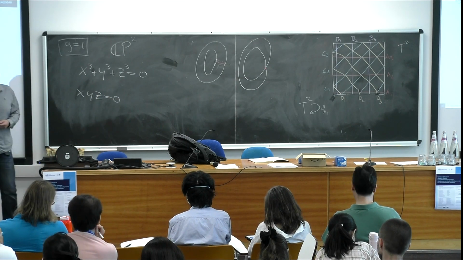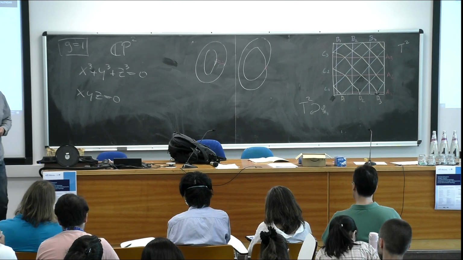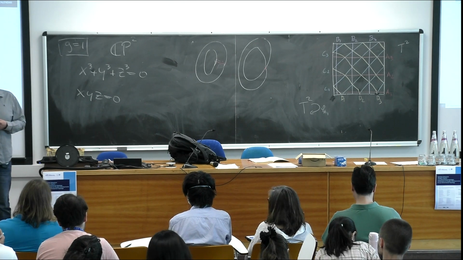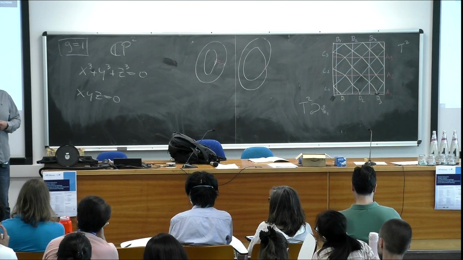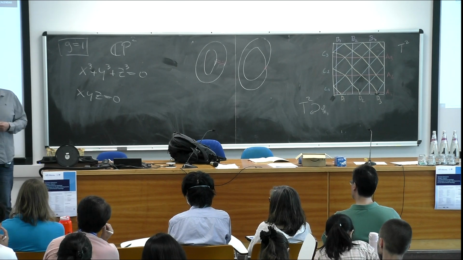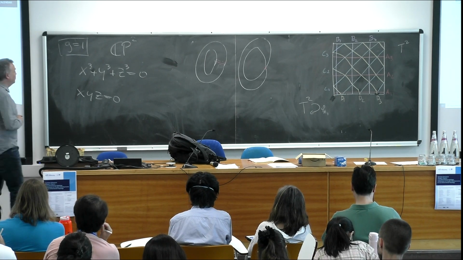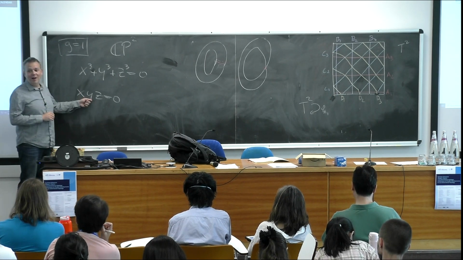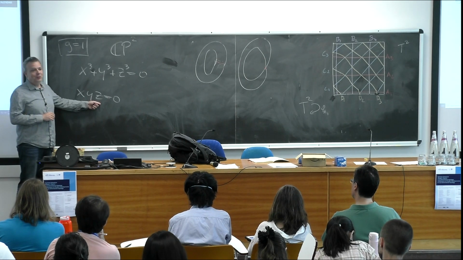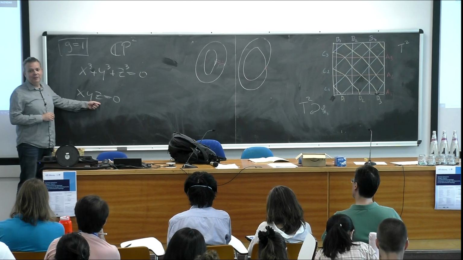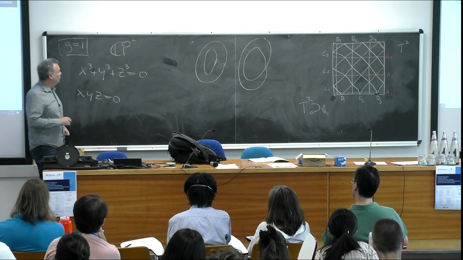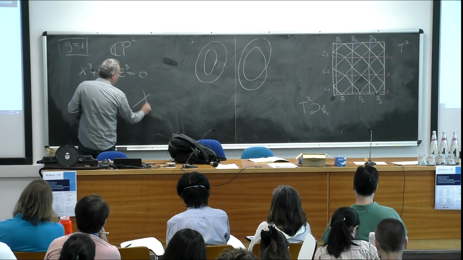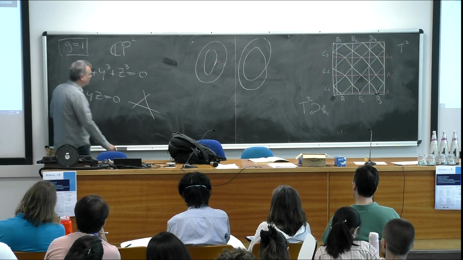Also homogeneous, also degree 3. So you could hope that this is also going to be a genus 1 curve, but it will not be. You can easily see what the solutions are. Either x is 0, or y is 0, or z is 0, which means that you actually have 3 hyperplanes inside. So the solution space here is more like 3 things intersecting.